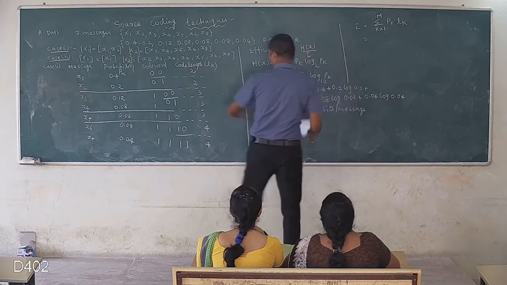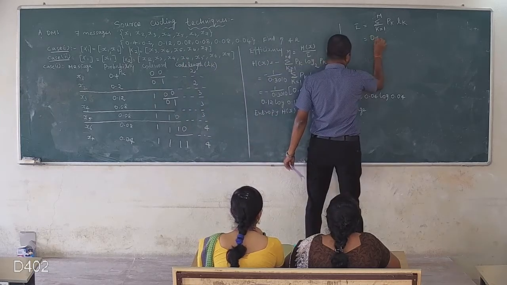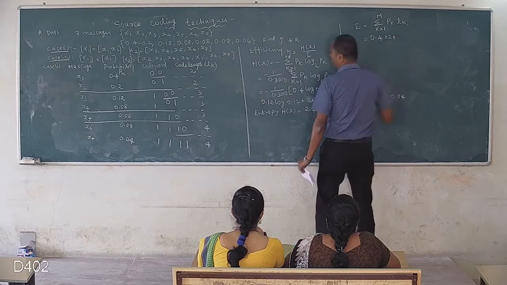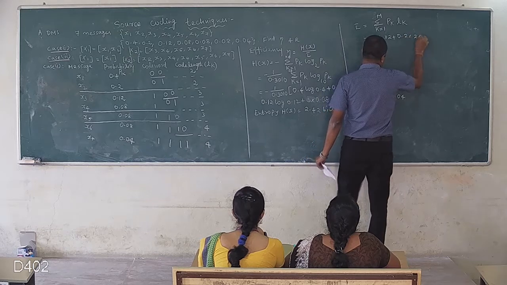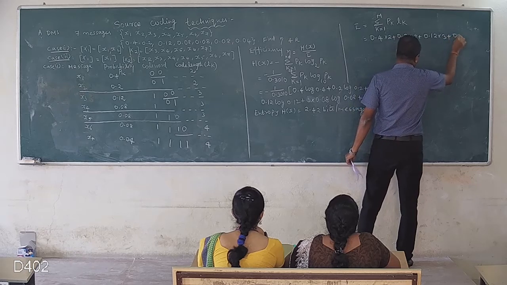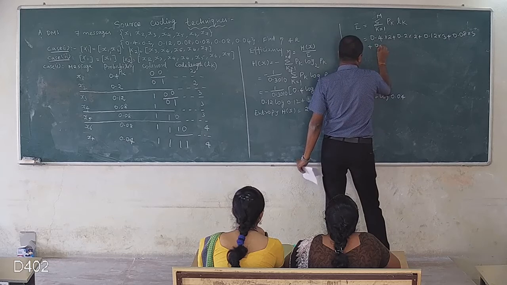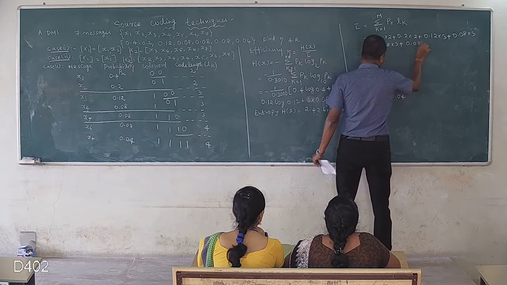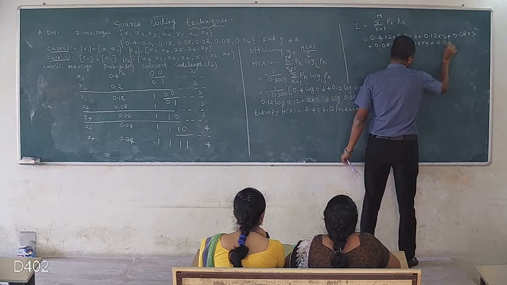We know the probability of occurrence and we know the lk, so L bar can be computed as 0.4 into 2 plus 0.2 into 2 plus 0.12 into 3 plus 0.08 into 3 plus 0.08 into 4 plus 0.04 into 4.